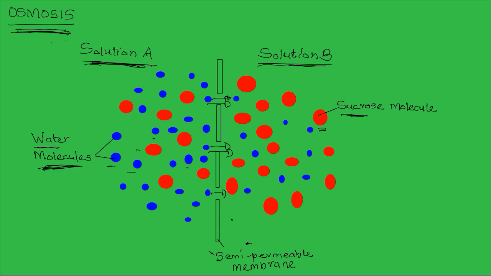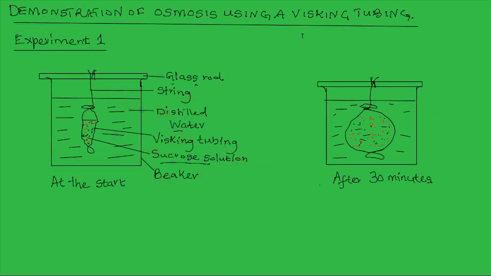Now we can demonstrate osmosis experimentally using a Visking tubing. Now a Visking tubing, also known as a dialysis tubing, is a synthetic semi-permeable membrane that is used in separating small molecules from large ones in a solution.